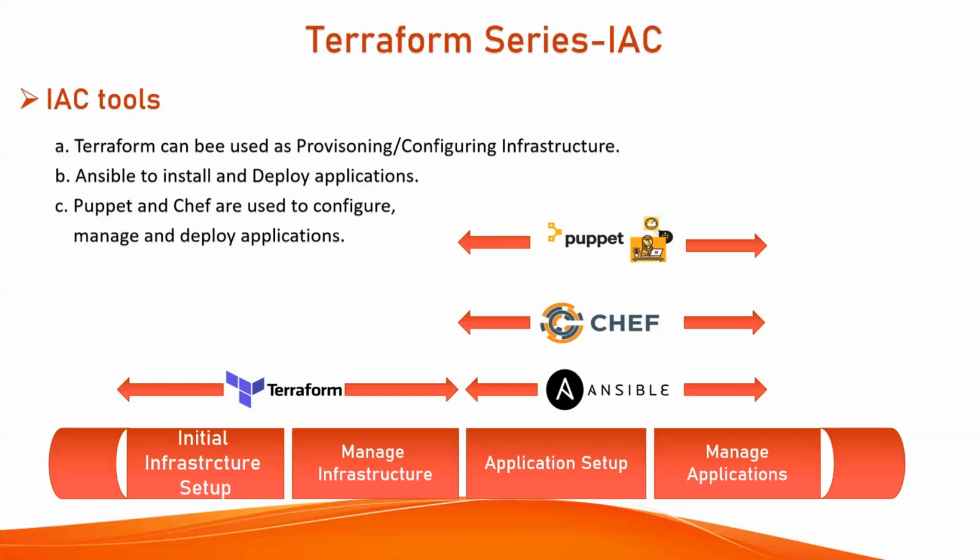Chef can also help in the form of creating cookbooks. Puppet is another option. Ansible installs and deploys applications, while Puppet and Chef are used to configure, manage, and deploy applications. So whichever you want to learn, you can learn to configure, manage, and deploy your application. But when it comes to provisioning, Terraform is the best till now.